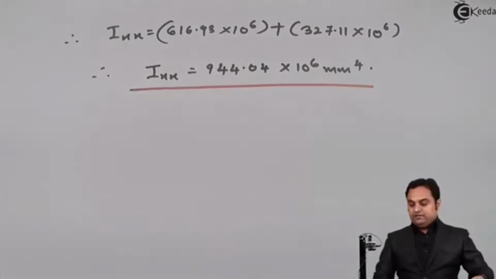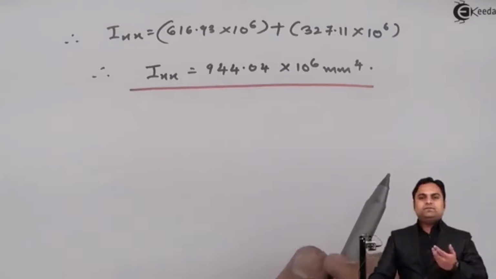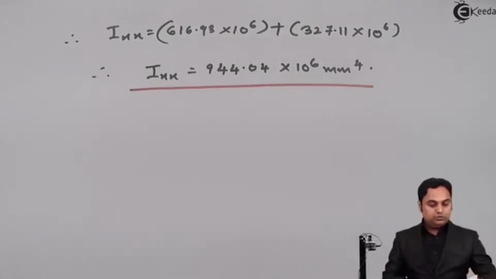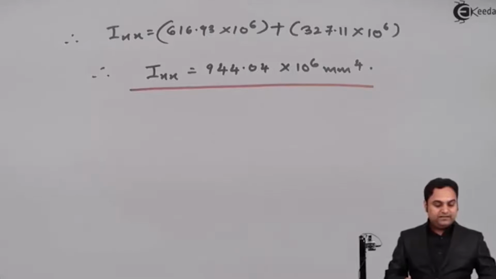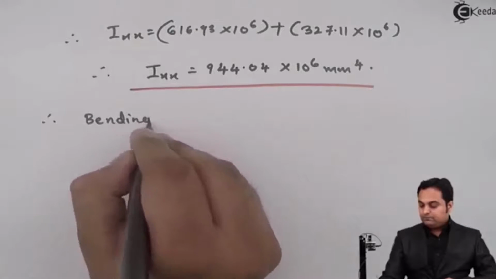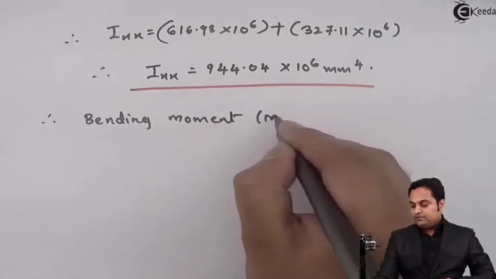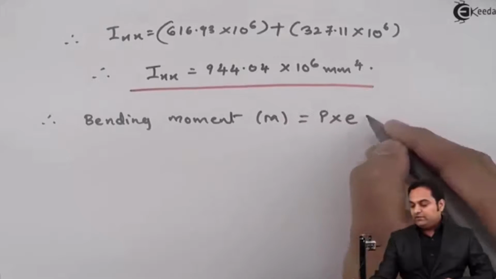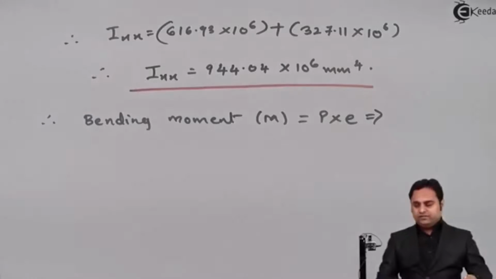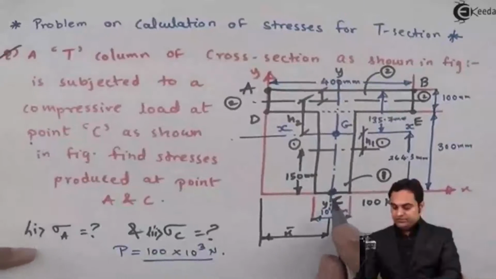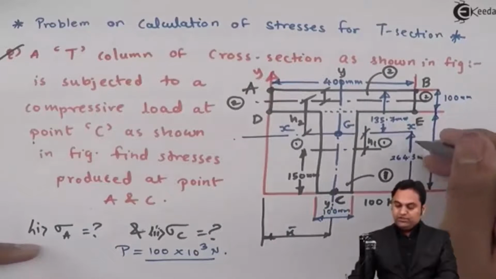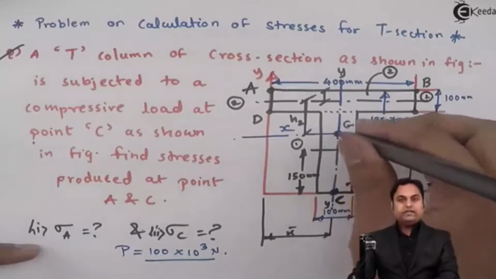Now after getting the Ix value, the next step would be to calculate the bending stress, and for that we require the bending moment also. So therefore, bending moment M is given by load into eccentricity. In the problem, it is given that the load is at point C, so it is at a distance of 264.3 mm from the centroid, which we take as the reference.